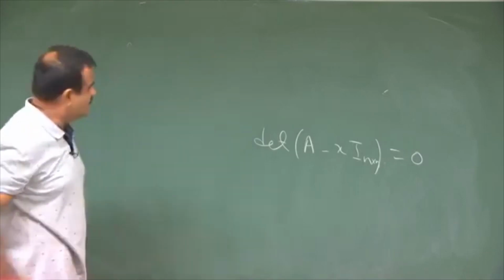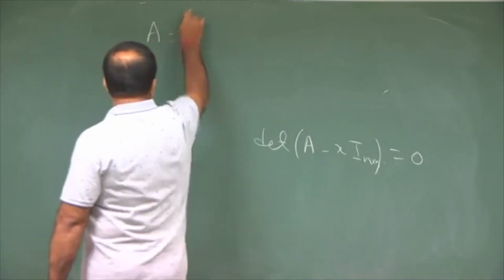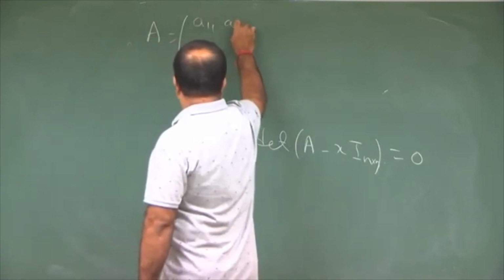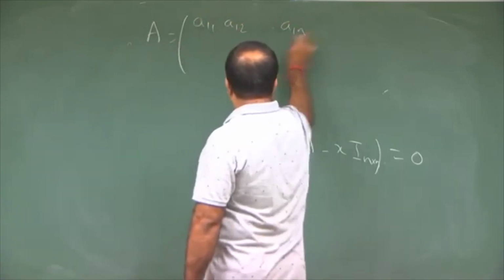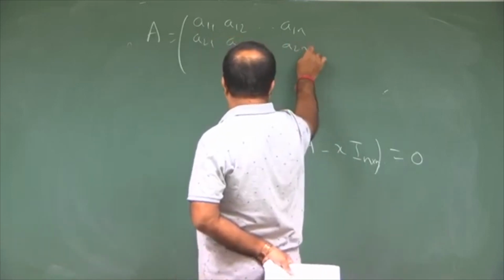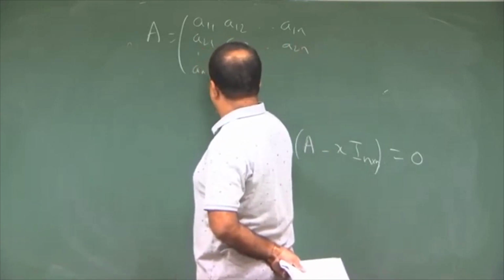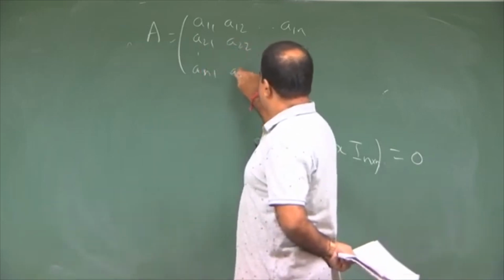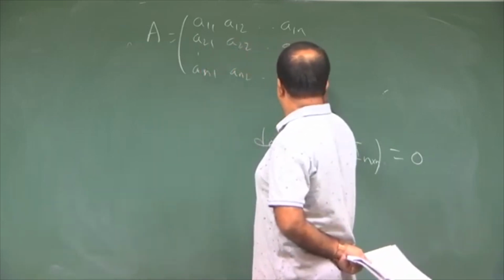So, we have a matrix A with entries a11, a12, a1n, a21, a22, a2n, an1, an2, ann.